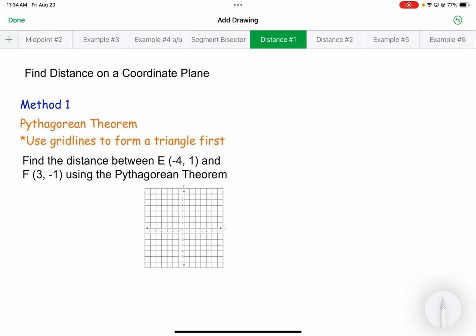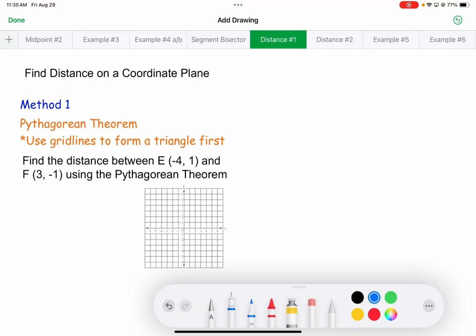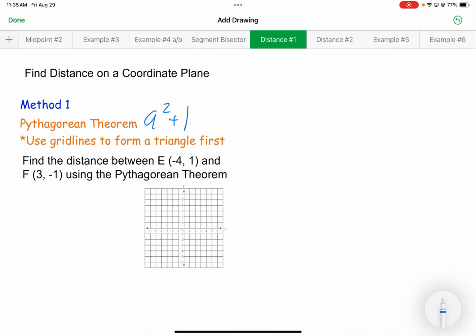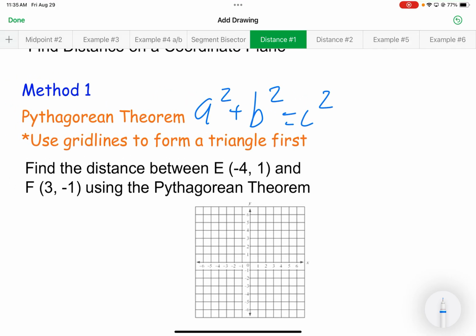And your hypotenuse was represented by which of those letters? C. So the Pythagorean theorem was, if you have 3 lengths of a right triangle, they hold the relationship A squared plus B squared equals C squared, where C represents your hypotenuse, okay?